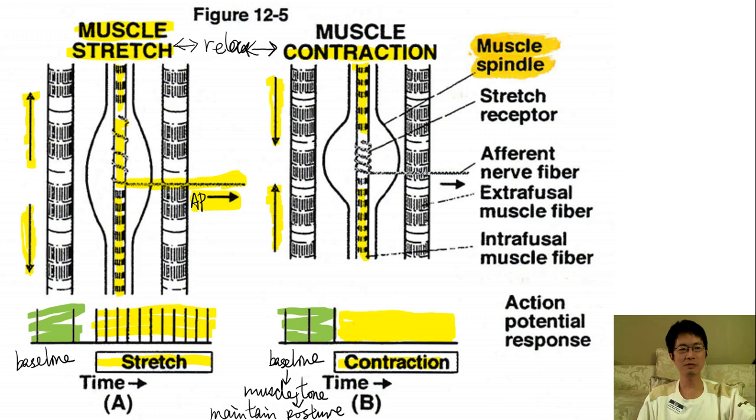After rigor mortis, your body will become completely soft and flaccid. That is the time when you have absolutely no muscle tone. When you have absolutely no muscle tone, that means you're dead, basically.